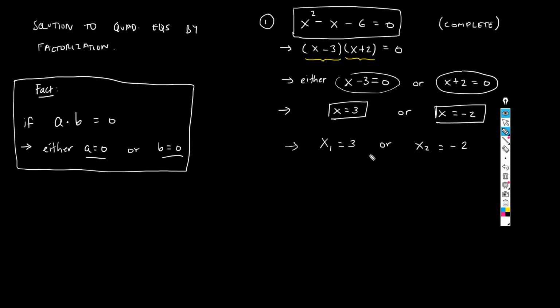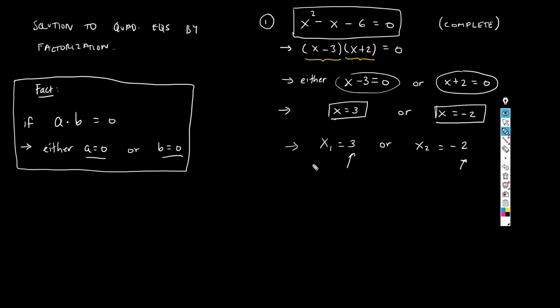And that's perfectly okay. So that's it, guys. We have solved this equation. You can confirm each of these numbers. When you put them back in the equation, it will be satisfied. And that's how we solve a quadratic equation by means of factorization.